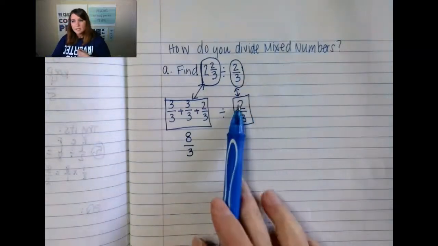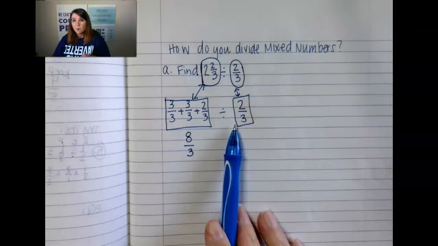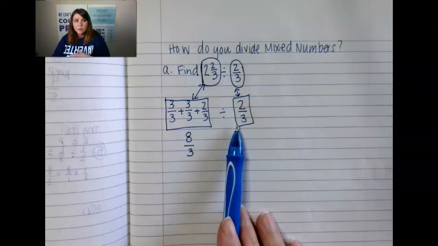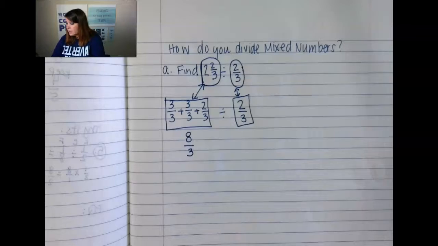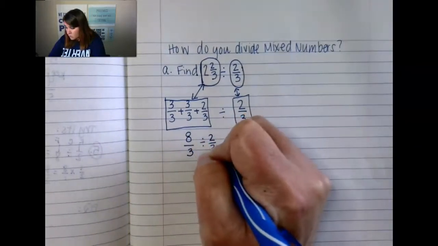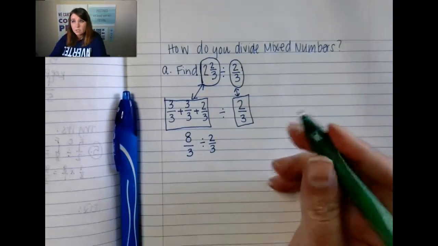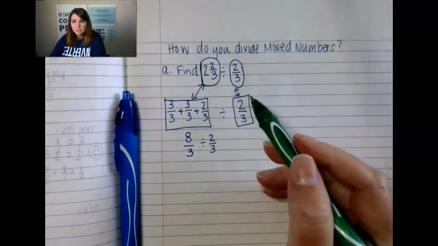This one did not need to be converted into an improper fraction because it did not have a whole number. Now I'm going to divide 8/3 by 2/3. Let's talk about what just happened out to the side, because that was a lot.